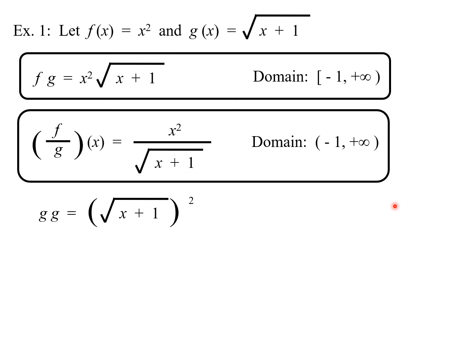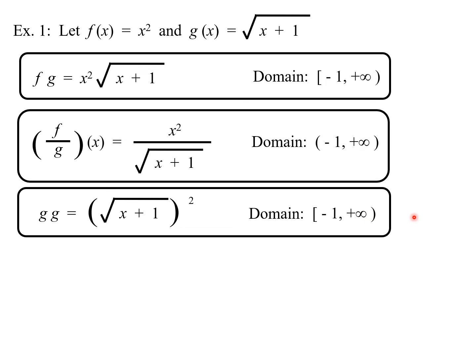And then finally, the domain of g times g, which will be root x plus 1 squared. Now, as before, since we can't take the square root of a negative number, the domain is this, the domain of g. Now, you might think, why don't we just simplify that, because the square root of something squared is just itself?